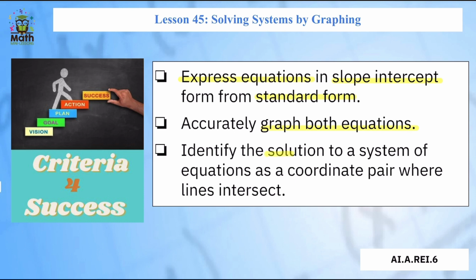And identify the solution to a system of equations as where the two lines intersect. Now, I am going to add a little hotspot in here because sometimes there is no solution. And that happens when the lines don't intersect.